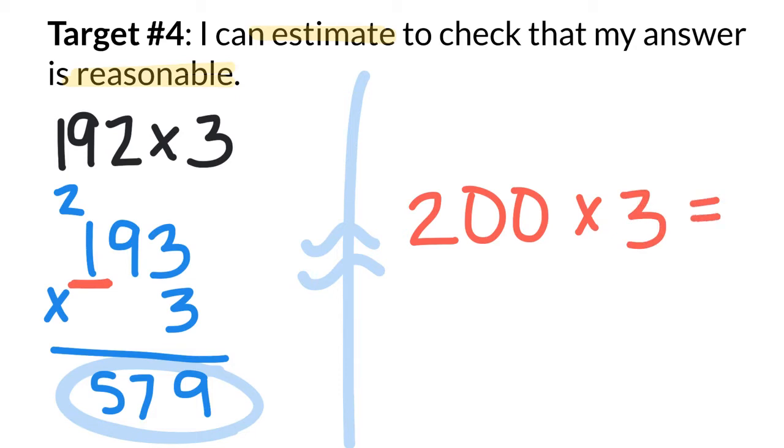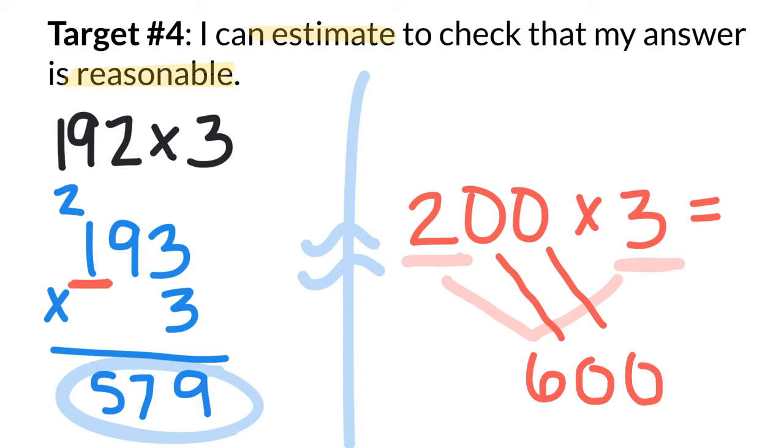When we're doing big numbers like this, multiplying them together, we can use mental math here. So we can think, what is 2 times 3? 2 times 3 is 6. And then I can go ahead and take my zeros and add them in, 600.